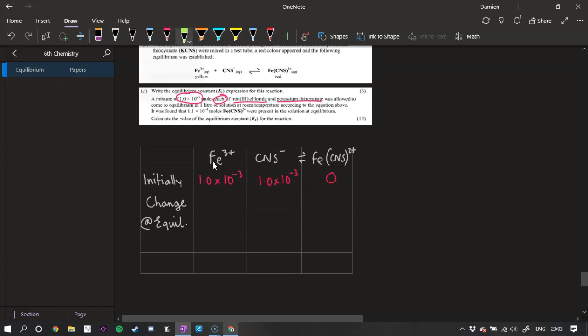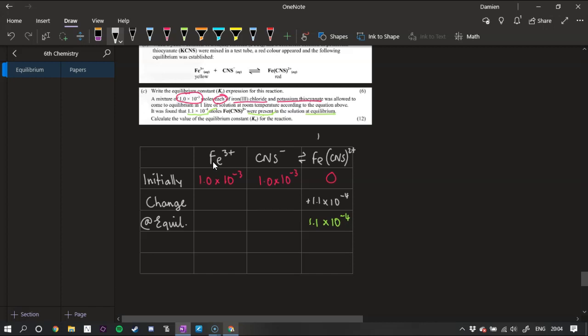Then, as the question goes further down, we can see 1.1 by 10 to the minus 4 were present at equilibrium. So at equilibrium, we have 1.1 by 10 to the minus 4. From this, we can work out all the other parts. So obviously, this is a plus 1.1 by 10 to the minus 4 to get to that.